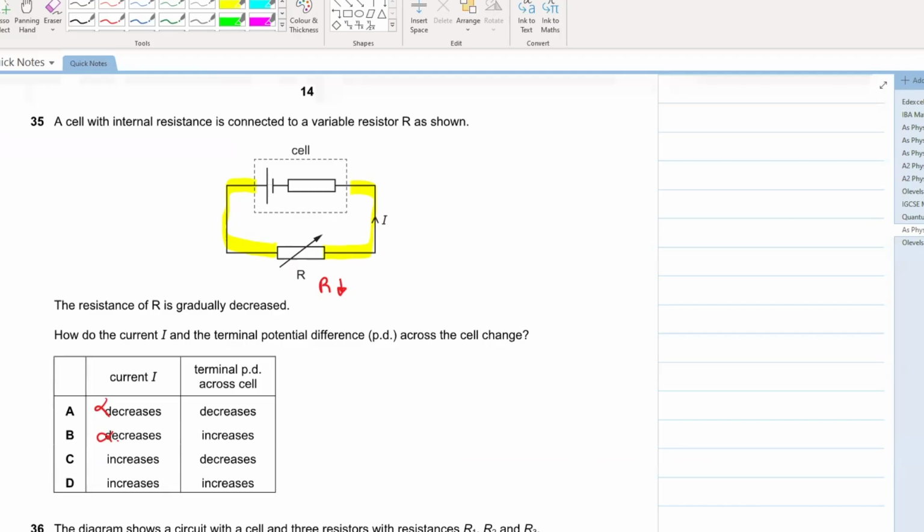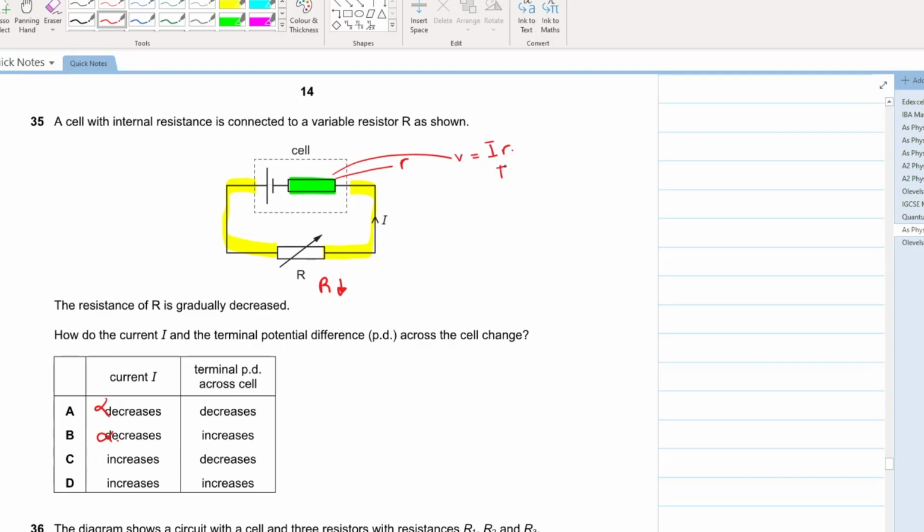If your current increases, that means, can you see this is an internal resistor? This internal resistor has a constant value of resistance small r, and the voltage across this internal resistance is I into r.